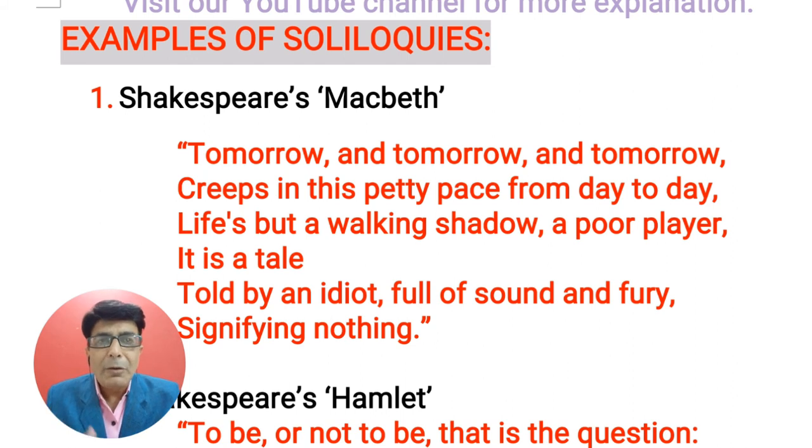Life is but a walking shadow, a poor player. Life is a tale told by an idiot, full of sound and fury, signifying nothing. These are the thoughts which Macbeth has at the end of his life, he speaks out about the meaninglessness of his life.